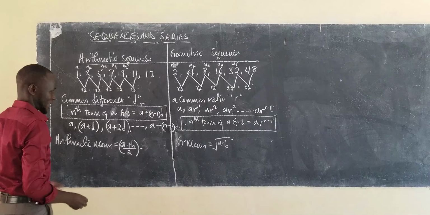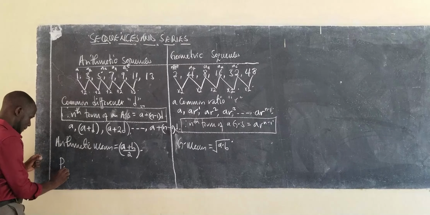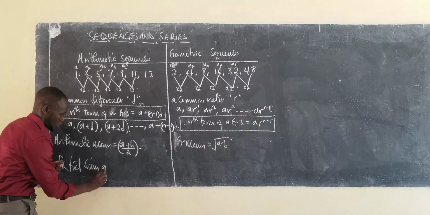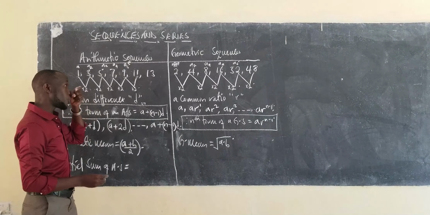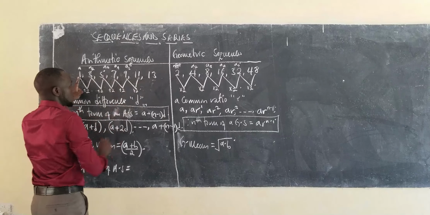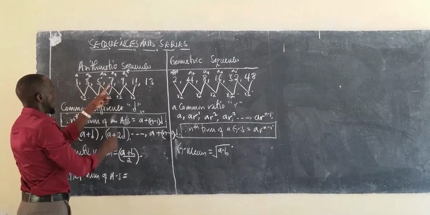Before we head on too much, someone can ask for a partial sum of an arithmetic series. This person is asking you for the sum of all of these values, maybe the sum of 1, 2, 3, 4 up to the fourth term.